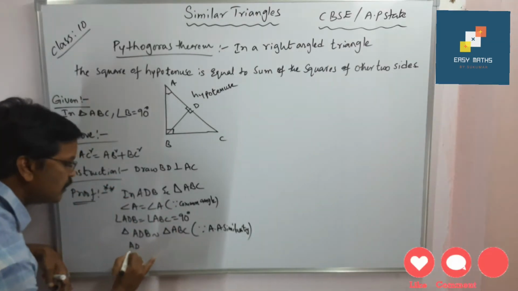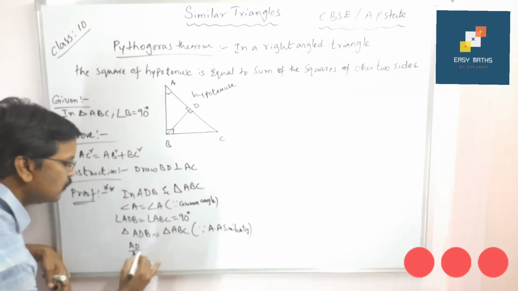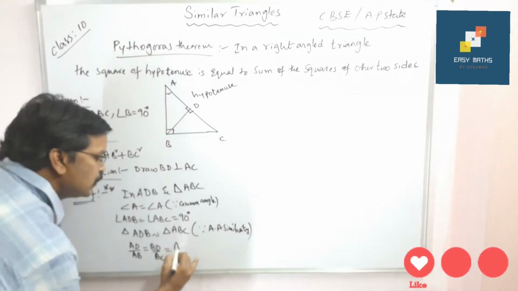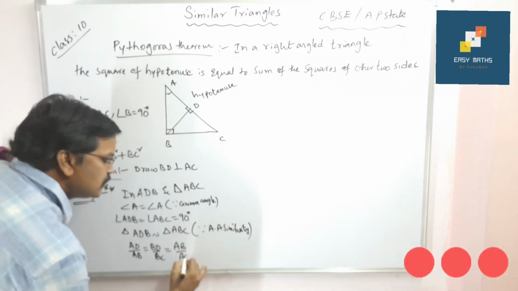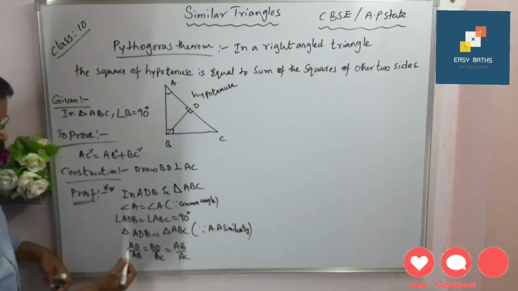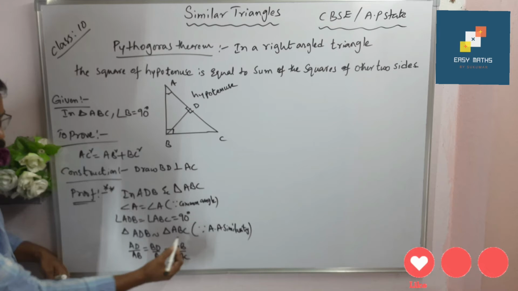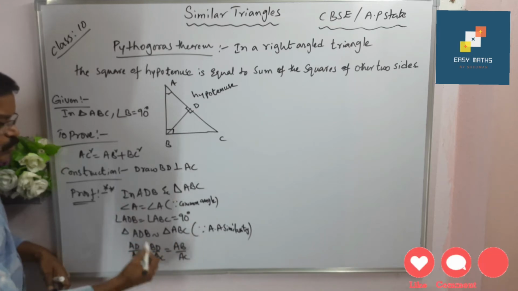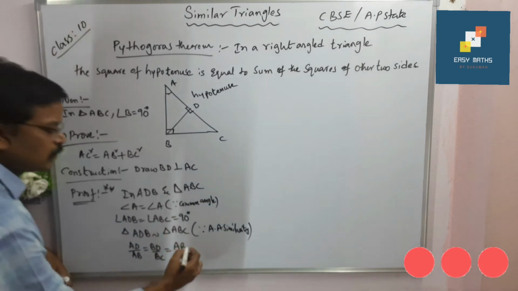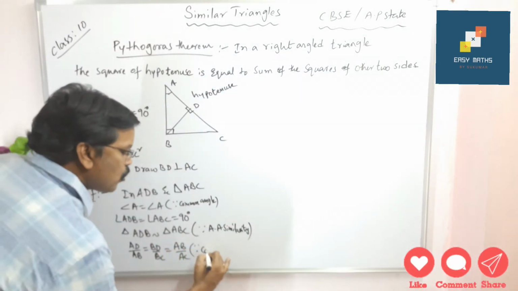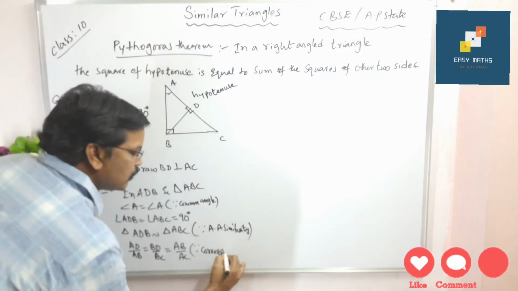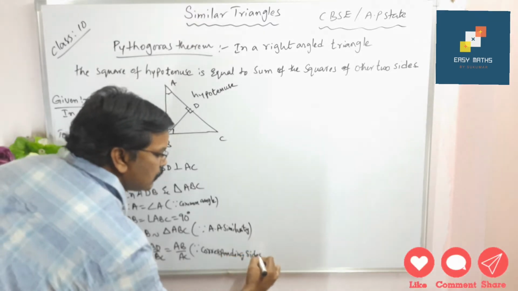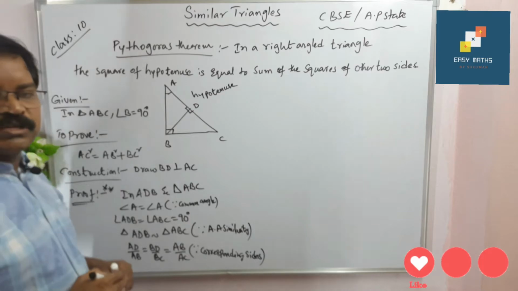That means AD by AB is equal to BD by BC is equal to AB by AC. These are the corresponding sides.